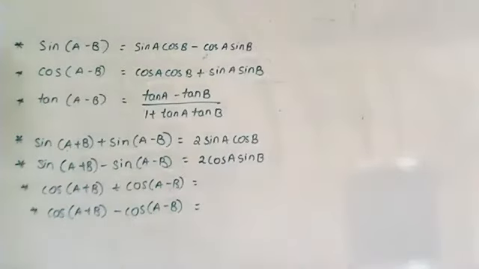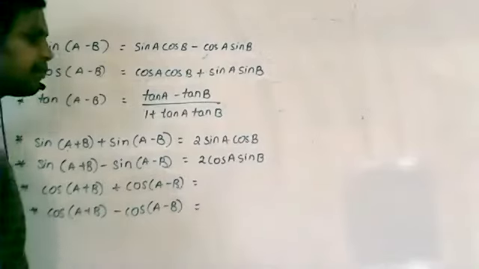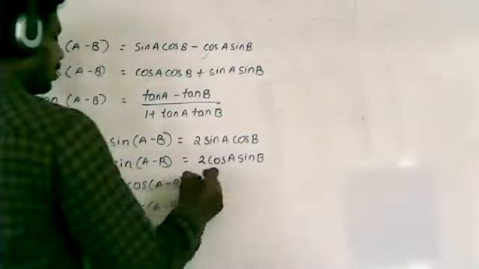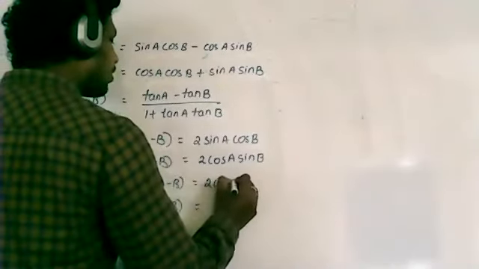Now cos(a+b) + cos(a−b). What is cos(a+b) + cos(a−b)? Yes, 2 cos a cos b.